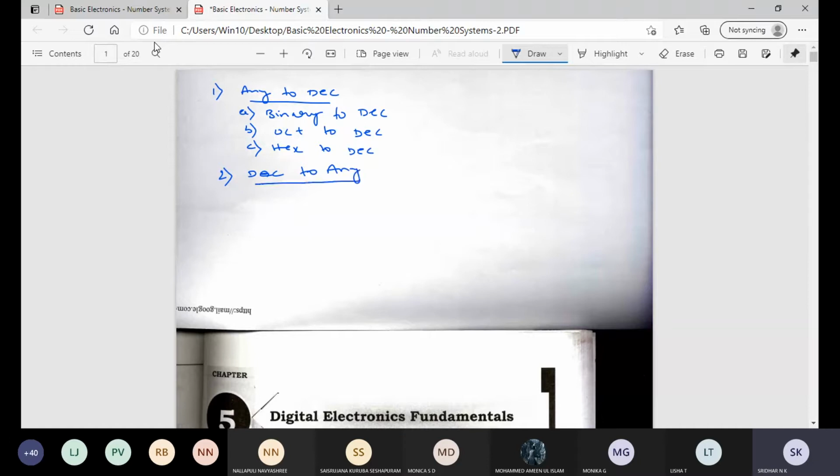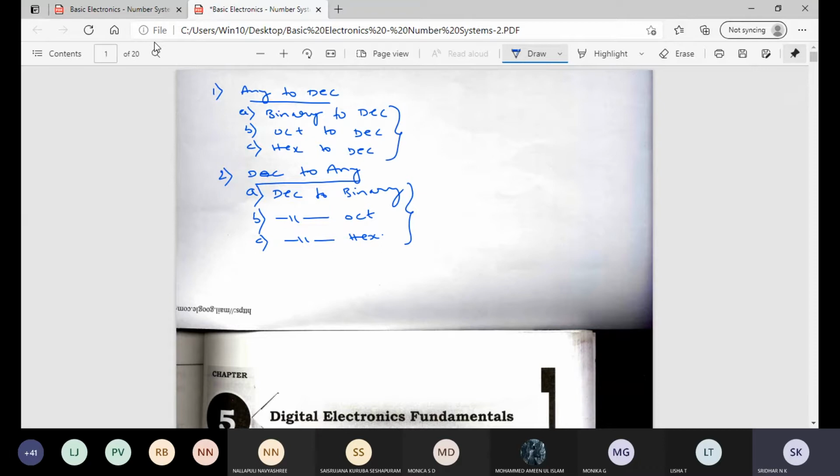Okay, so in this we'll be seeing again three types of techniques, that is vice versa of all these three. The first one is decimal to binary. The second one is decimal to octal, and the third conversion will be decimal to hexadecimal. Okay, these three conversions we are going to study today.